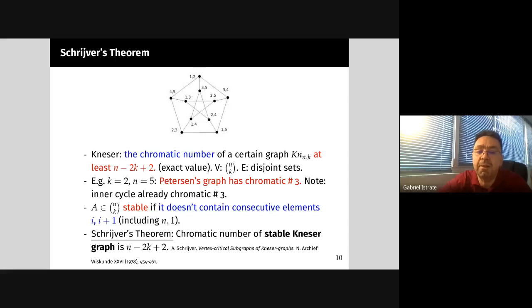Of course, the part that's interesting is that it is strictly greater than n minus 2k plus 1, because one can come up quite easily with a construction that will color such a graph with n minus 2k plus 2 colors.